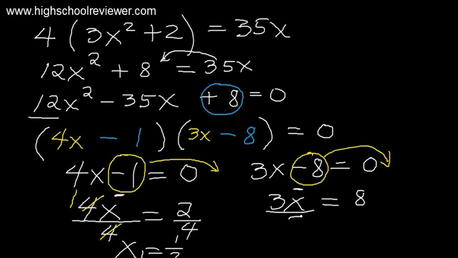So 3x divided by 3 and 8 divided by 3. And then we can cancel out 3 divided by 3. This is positive 1. And 1 multiplied by x is equal to x. And we can change this to a mixed fraction. So this will be 2 and 2 over 3. This is our x sub 2.